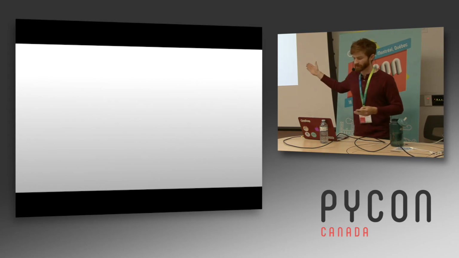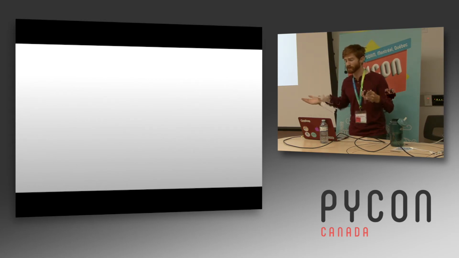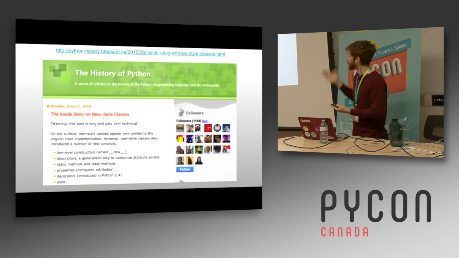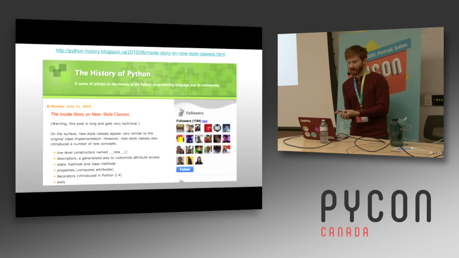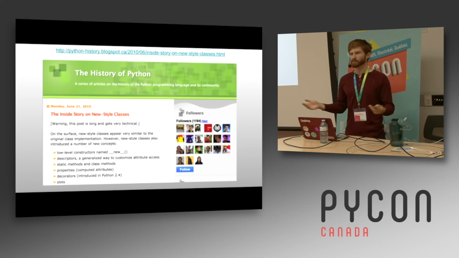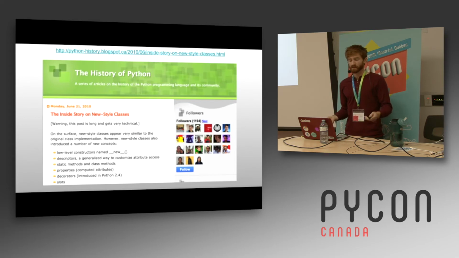Now, earlier I made the claim about __slots__ making attribute access slightly faster. Well, in 2010, Guido van Rossum, the benevolent dictator of Python, had a really interesting blog post on some of the details of what in Python 2 was called new style classes, which we call classes today. One of the interesting things he mentions near the end of it is the reasoning behind slots.